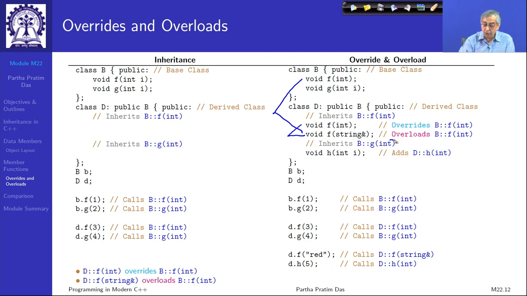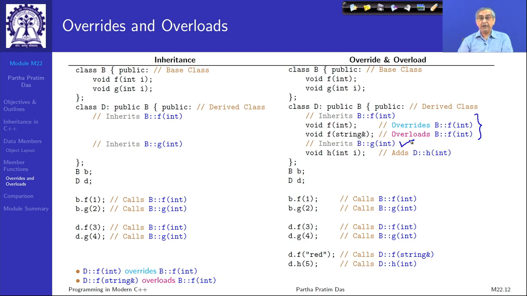So, this actually is an overload of B::f. So, here I have done two things together. One is I have overridden by giving the same function signature, but intending a different body which I will write, and by giving a function with the same name, but a different signature, for which again I will give a body, which overloads the original member function. So, this is what I have done here.